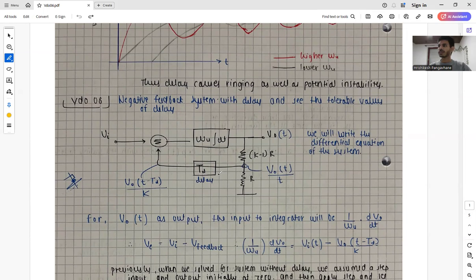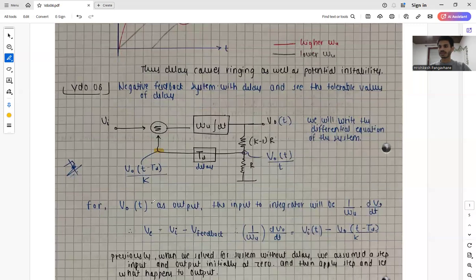But before that, let's see what happens if we introduce a delay here. The feedback voltage, which is basically v naught by k, where v naught is a function of t, after coming to this point will be v naught as a function of t minus the delay amount, divided by k.